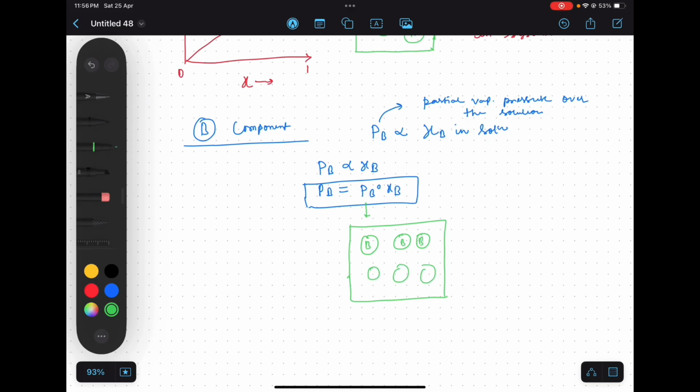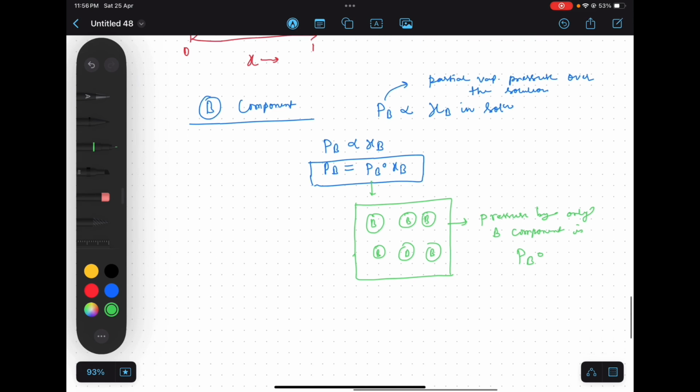So the pressure created on the wall of the system by only B component is PB naught.